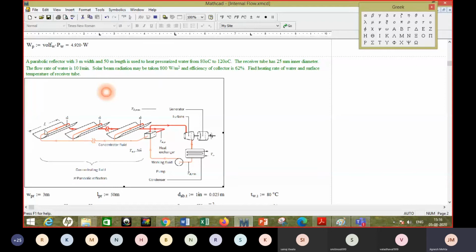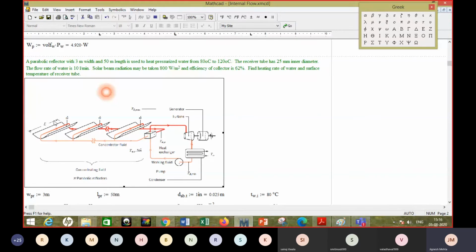This fluid can be water, or this fluid can be oil. So you are pumping that fluid, it's getting heated, and we are going to assume that the heat flux is constant, right? So equal area of the parabolic trough is going to provide an equal amount of heat onto the surface of the tube here.